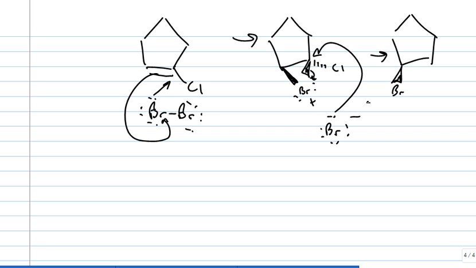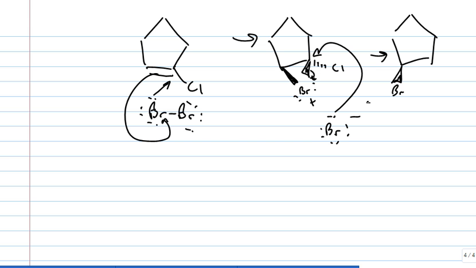So let's say it looks like this. So if this was the nucleophile, the Br minus, once it comes in here and this breaks off, the problem is this carbon here is not a tetrahedral. So it has to kind of like umbrella.